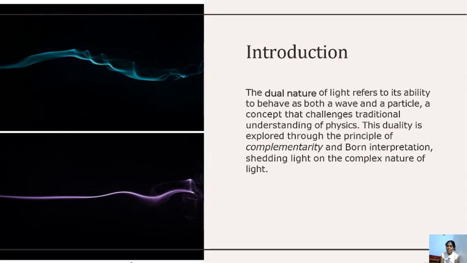This is what is explained in the principle of complementarity and Born interpretation, that the dual nature of light refers to its ability to behave as both a wave and a particle, a concept that challenges the traditional understanding of physics. This duality is explored through the principle of complementarity and Born interpretation, shedding light on the complex nature of light.